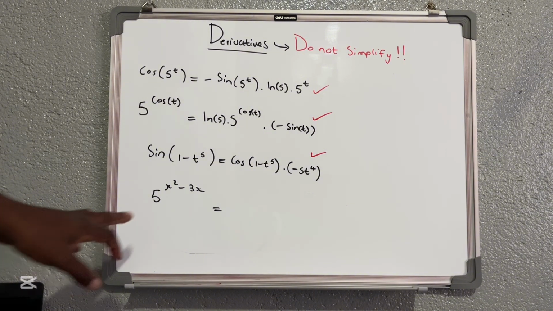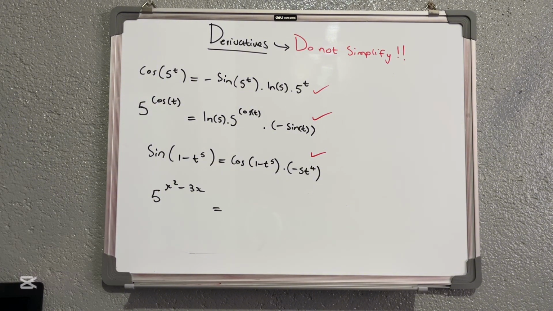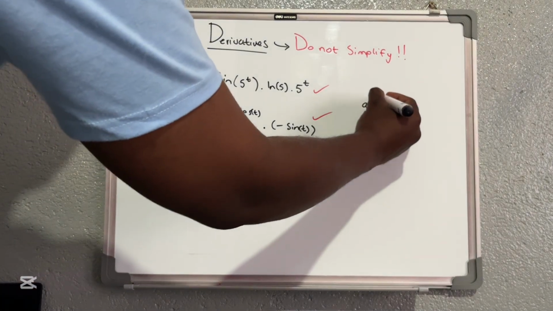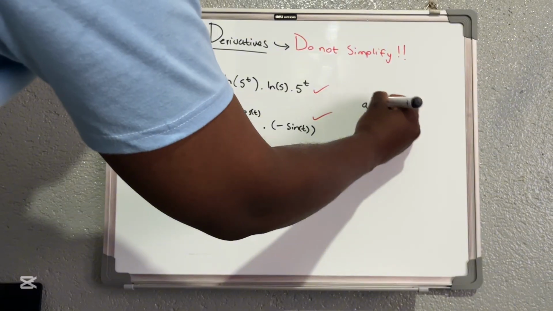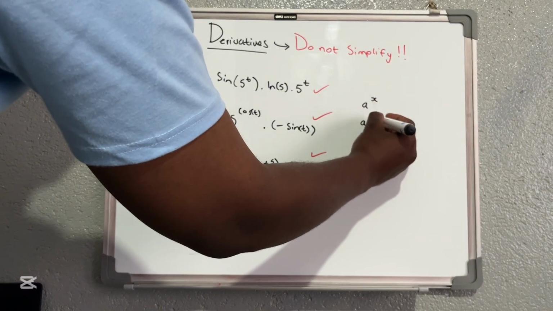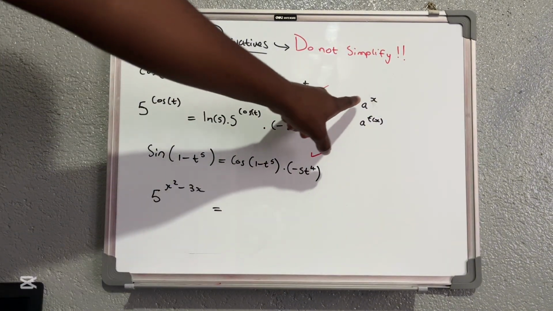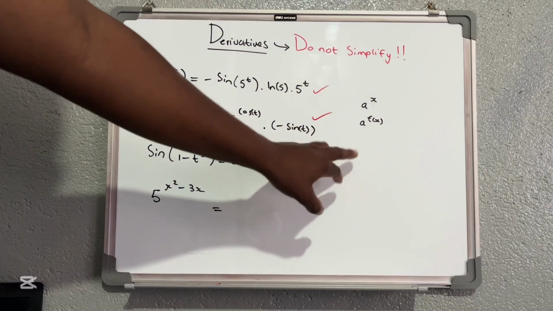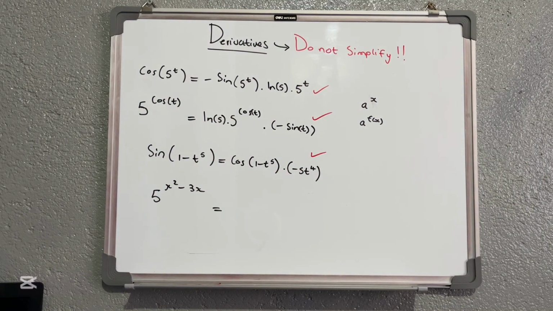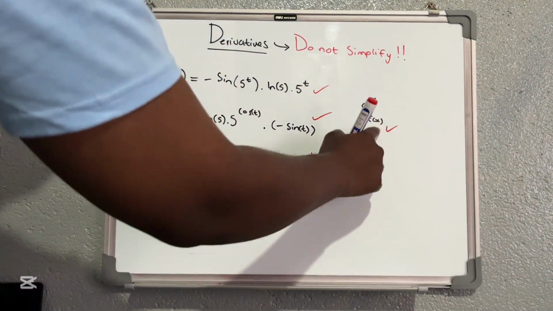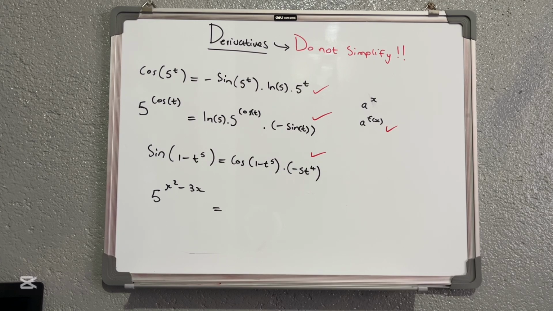You check which family you would normally have: you have your a to the exponent x, then you have your a to the exponent f of x. This would be your exponential where you have a constant. This is your exponential when you have a function at the top. So between these two we definitely use the second, since you're having a function at the top.